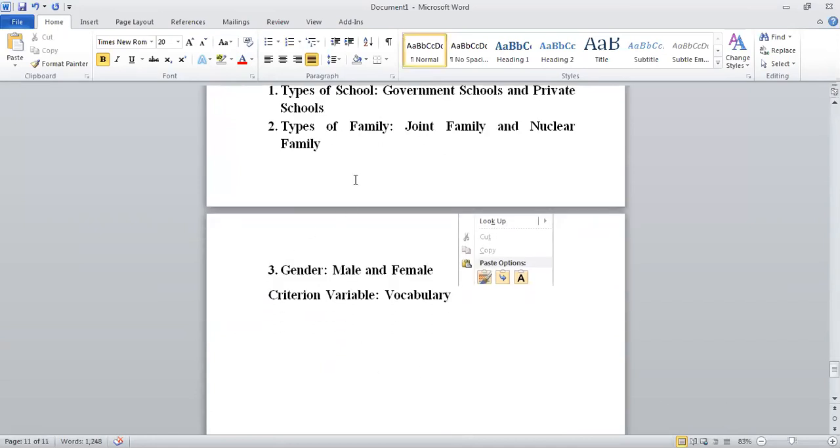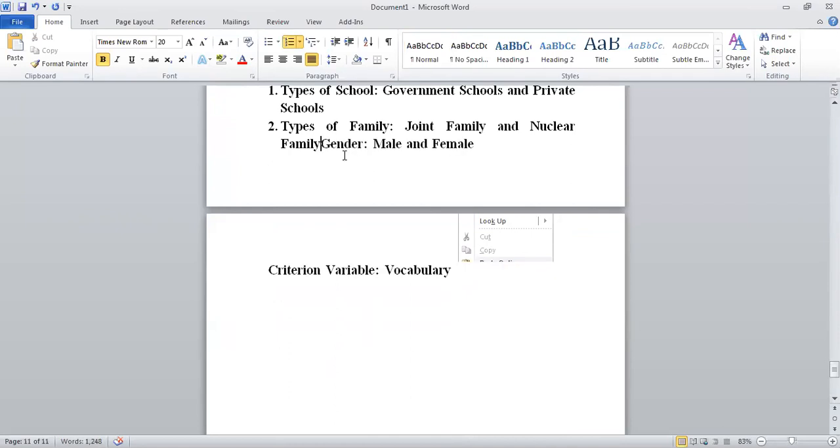It's not difficult. There are tools available for assessing the vocabulary of the students, and the data you will have will be numerical data, and it is continuous.